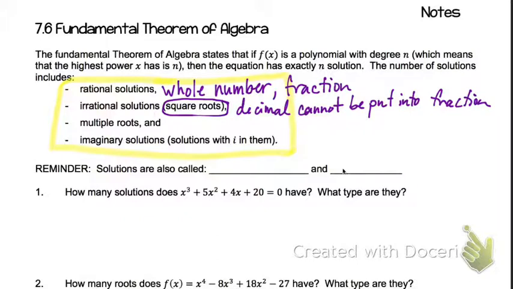Multiple roots, so you'll see two types. A double root is whenever it bounces off the graph. So double root is when it bounces.